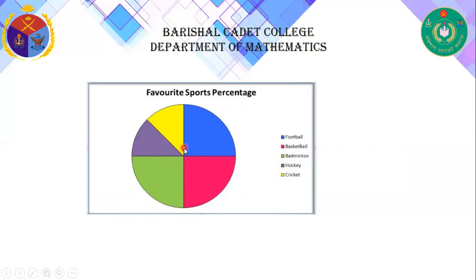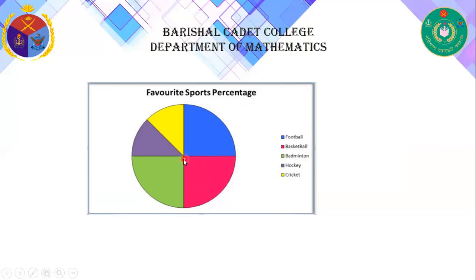So first we have to make a line from the center of the circle, this line. And we know football, how many degrees does football get? 90 degrees. So we use the protractor and get this sector for football. And for basketball, we use the protractor here and we get this 90 degrees for the basketball sector.